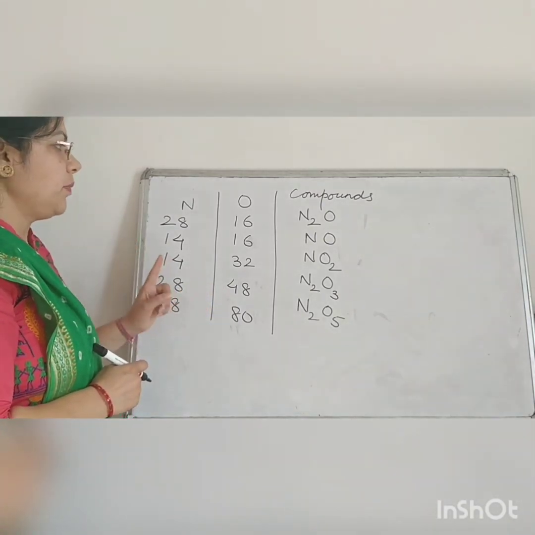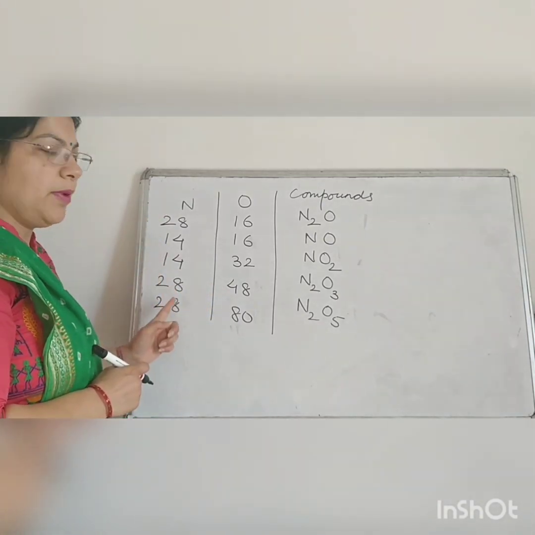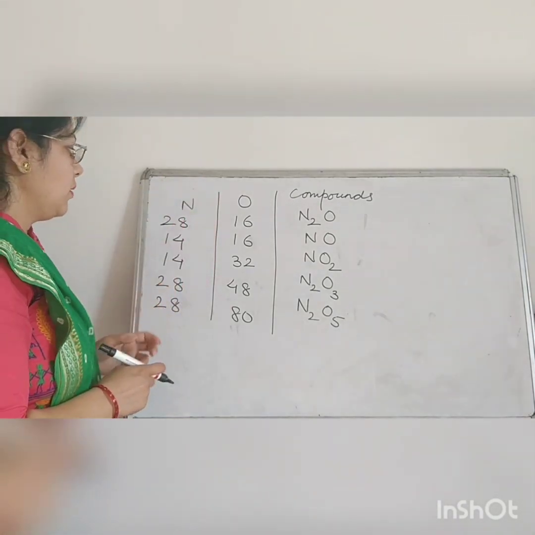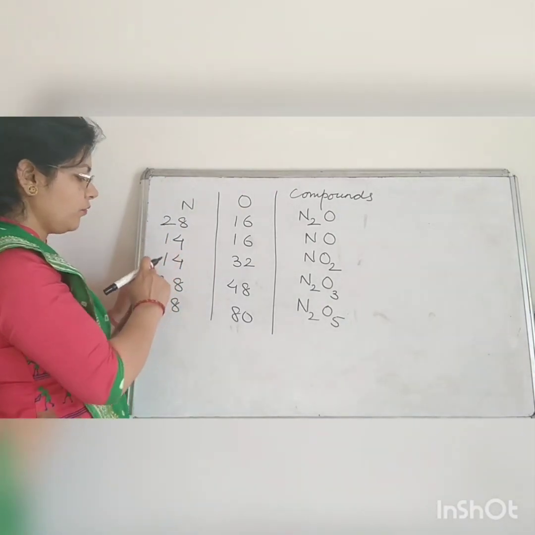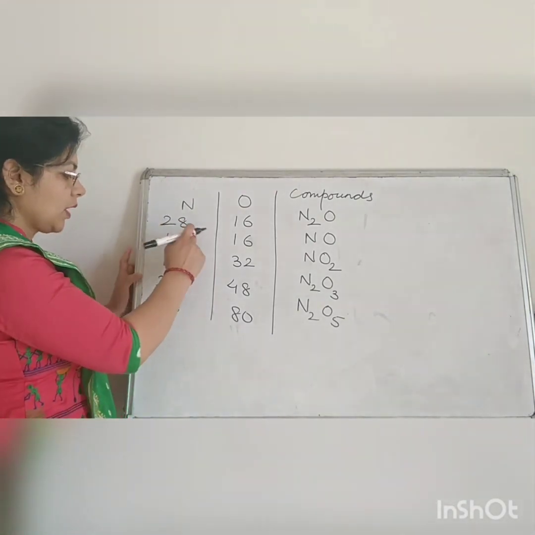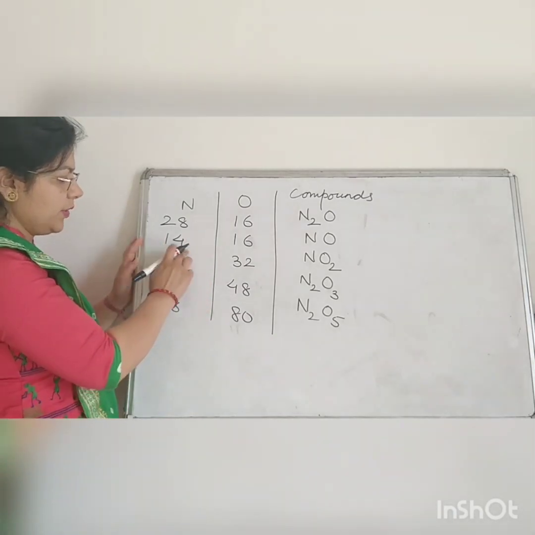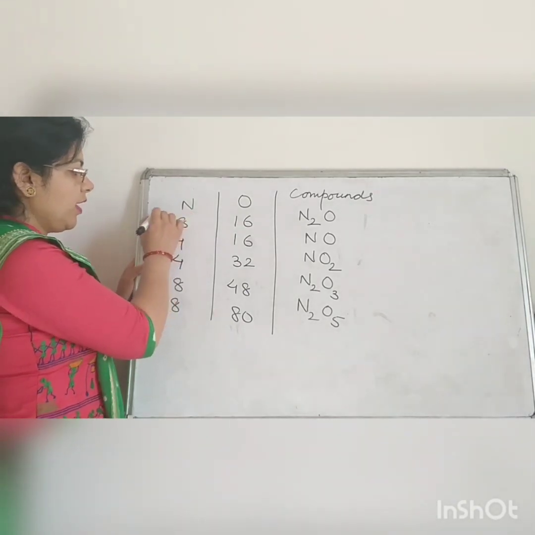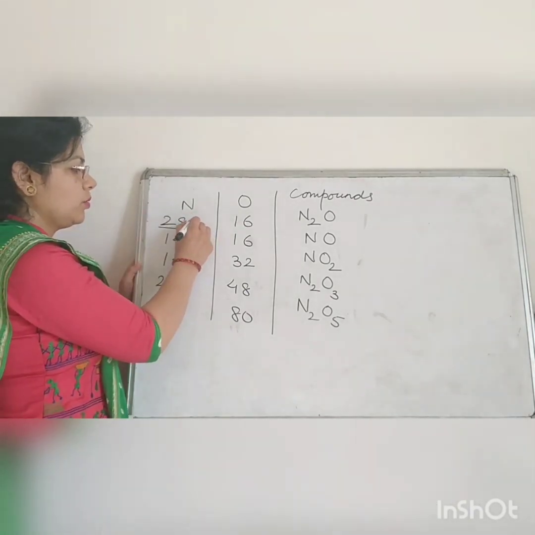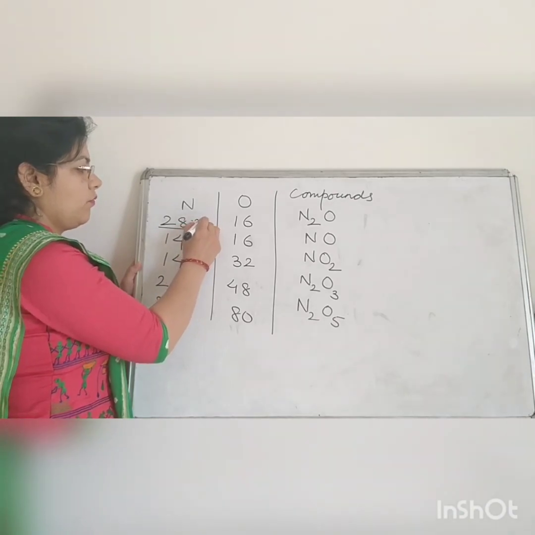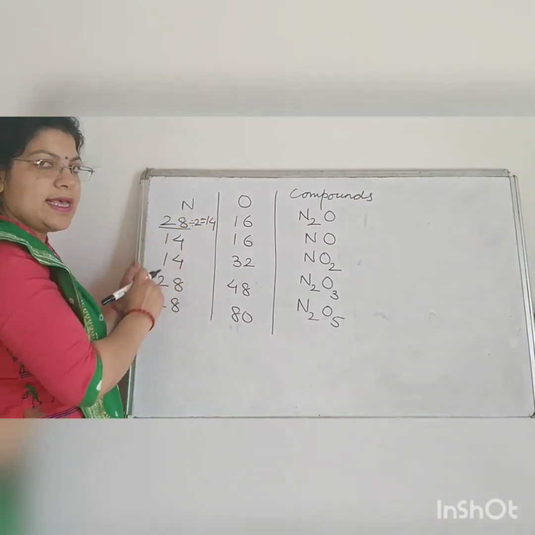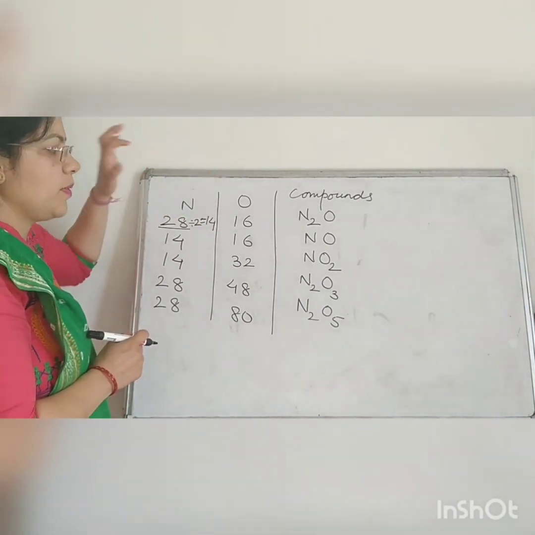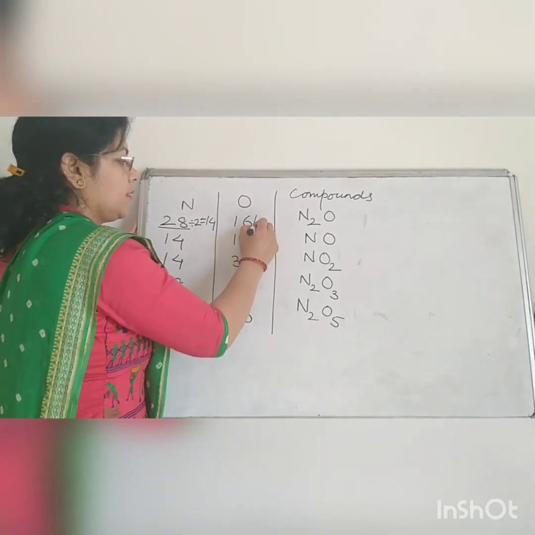In this example, there are different masses of nitrogen and oxygen. The first step is to fix the mass of one element, either nitrogen or oxygen. Now we fix the mass of nitrogen here. In the compounds, the nitrogen mass is 28, 28 and 14. Now we divide this mass by 2 and we get 14. As we divide this mass by 2, we also divide the oxygen mass by 2 and this becomes 8.